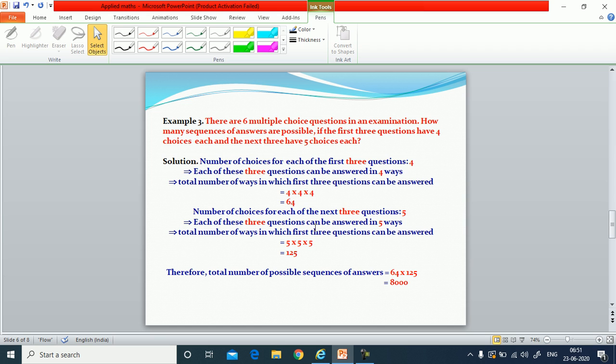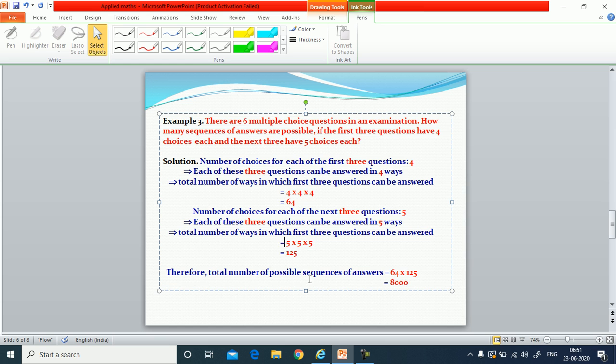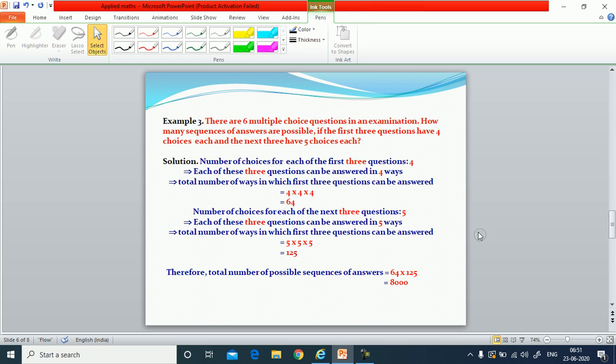That means number of ways in which first thing can take place into number of ways in which second thing can take place in case there are many events. So we need to keep on multiplying the number of ways in which those events can take place. So what will be the total number of possible sequence of answers? You can see it will be 64 into 125. This means what?